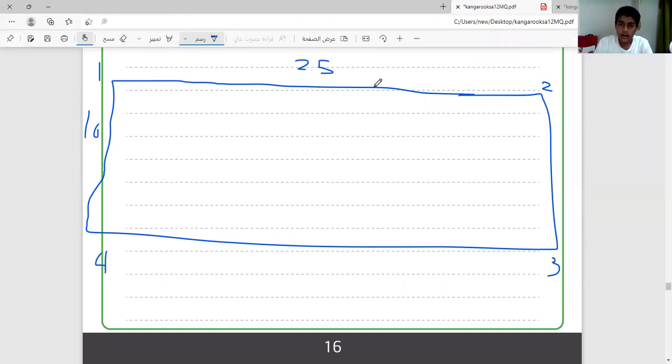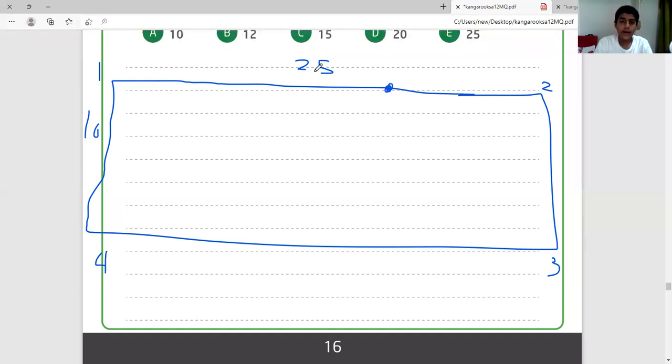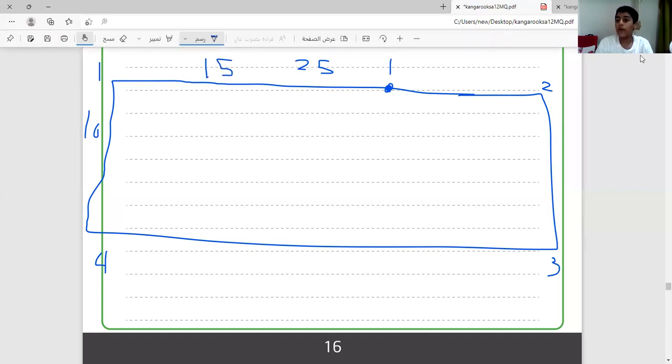So let's say here is the point. Here from 1 to the teacher, here we'll have 15. And from 2 to the teacher will have 10. Because 15 and 10 equal 25, which is the horizontal. And here 10 also. So let's say the first person who go to the teacher spent 15 meters.